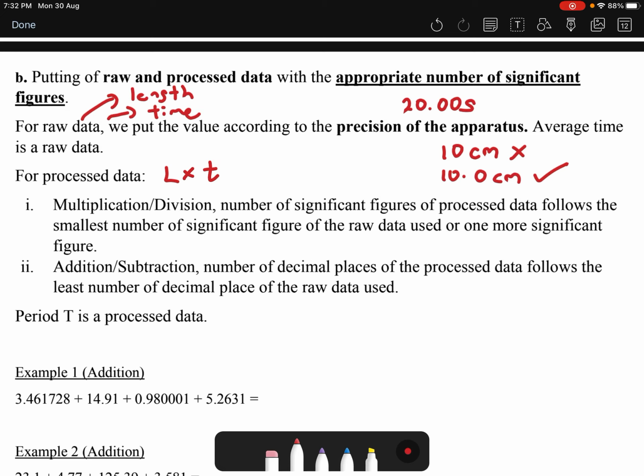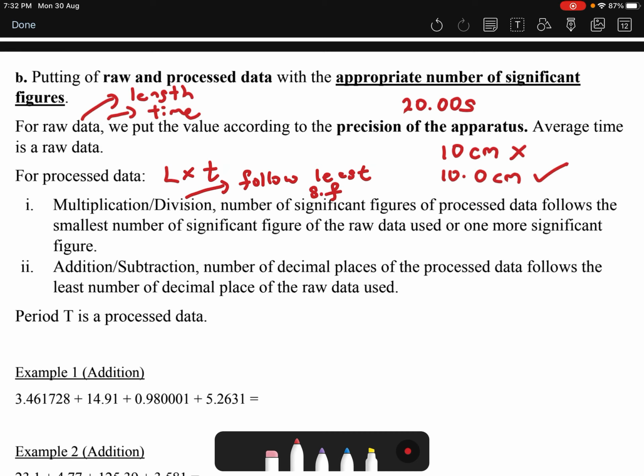So what should we do when we are dealing with processed data? For example, you are multiplying or dividing the two raw data. To get your processed data, you follow the least number of significant figures. So for multiplication and division, follow least SF. Okay, so later I'll do some examples to further deepen our understanding.